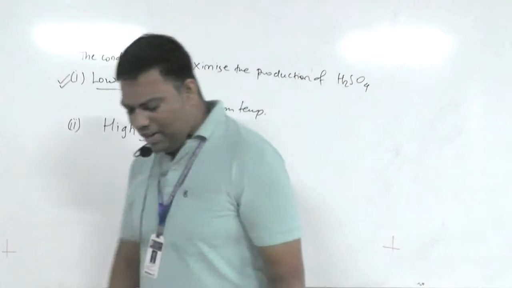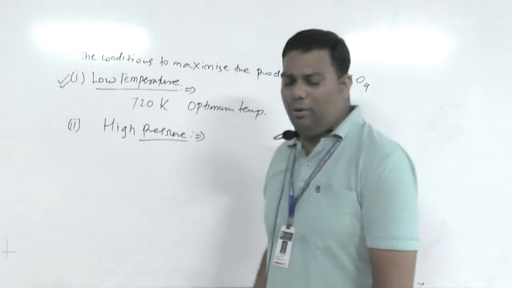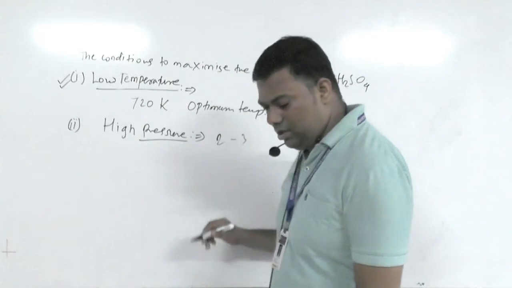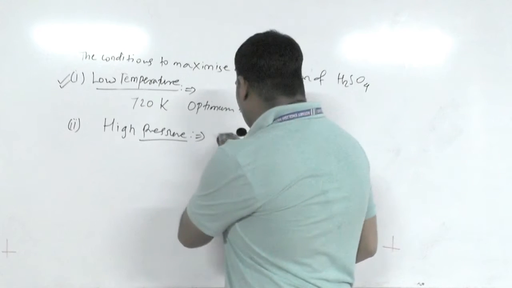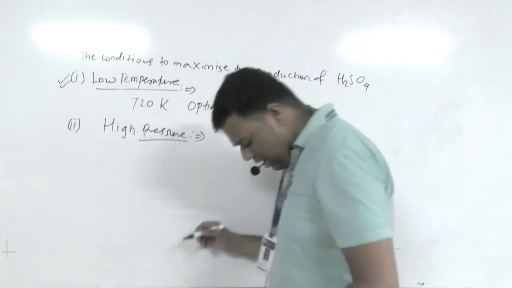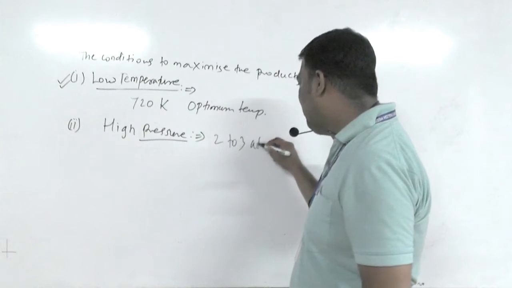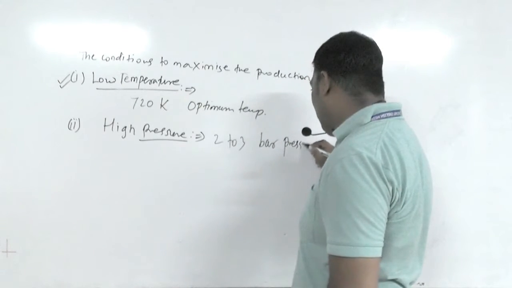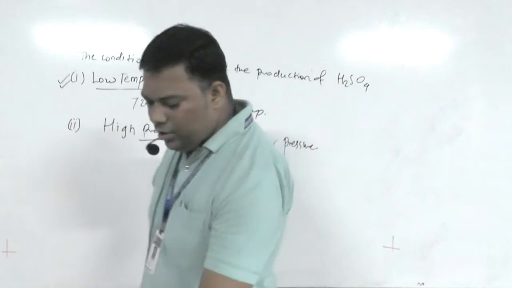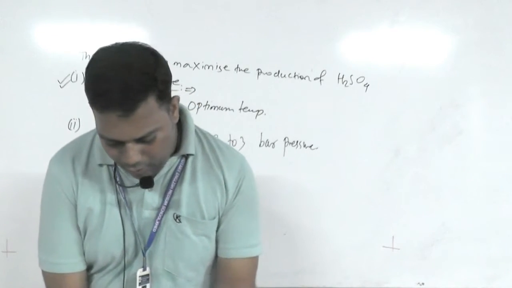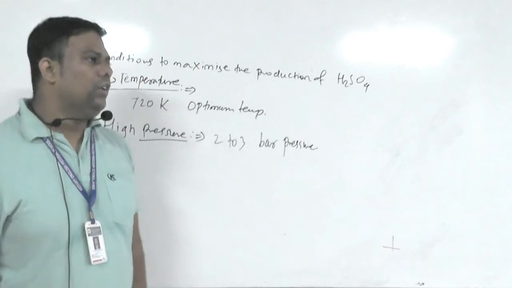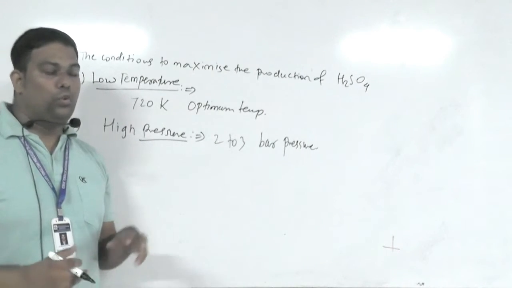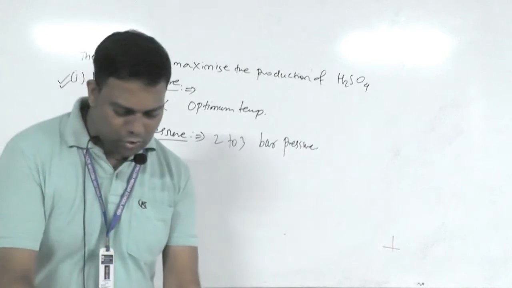Therefore we want a pressure of 2 to 3 bar, atmospheric pressure, to maximize the production of our H2SO4, which gives the maximum production of your H2SO4.